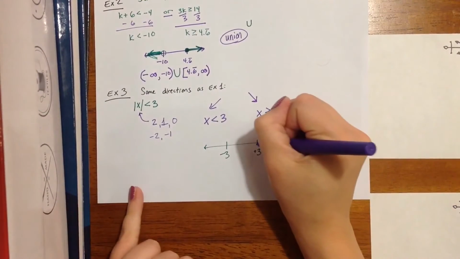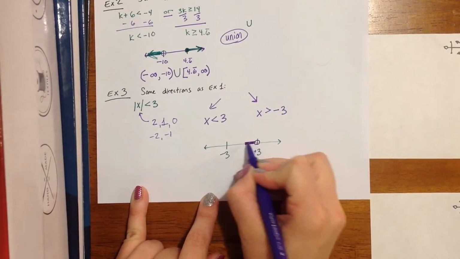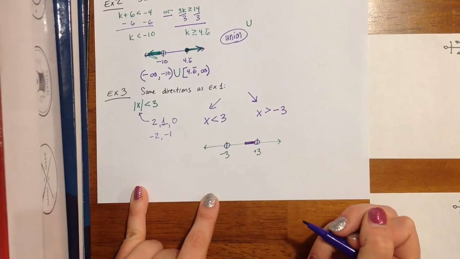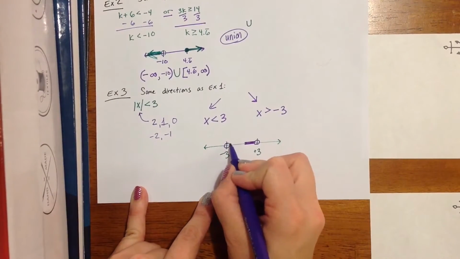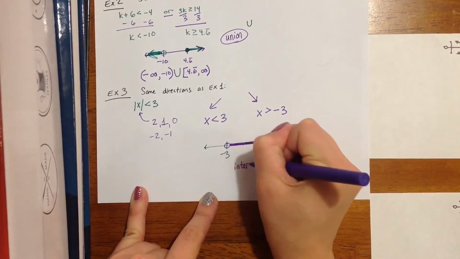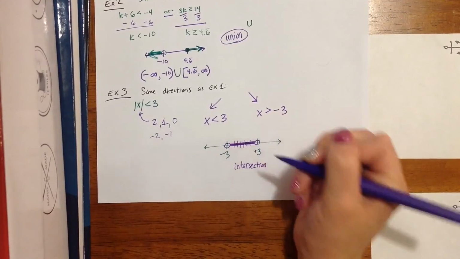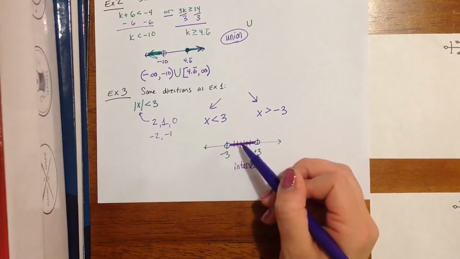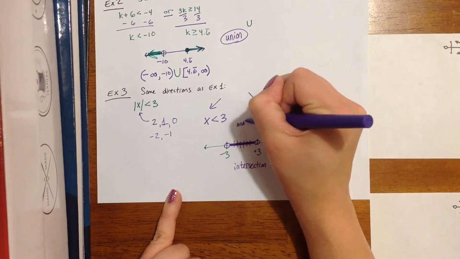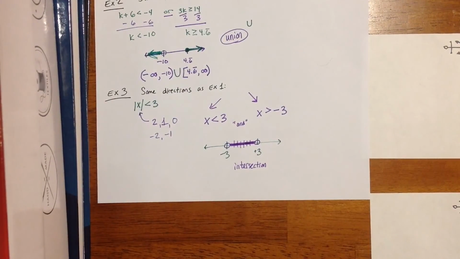Less than 3, open dot at 3, less than, but x is greater than negative 3, open dot at negative 3, greater than. Notice they are going to hit in the middle, so this is an intersection. I can have numbers that fit this category. I can have numbers that are both of these things. So I can consider this an and situation. I am able to be both.